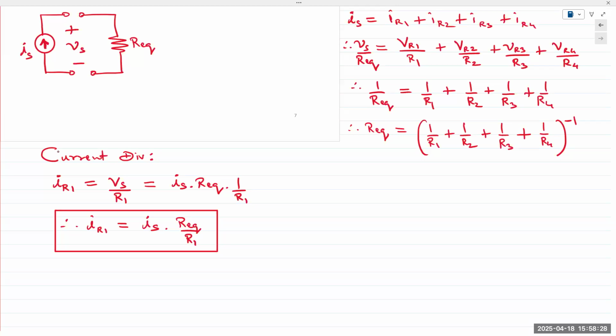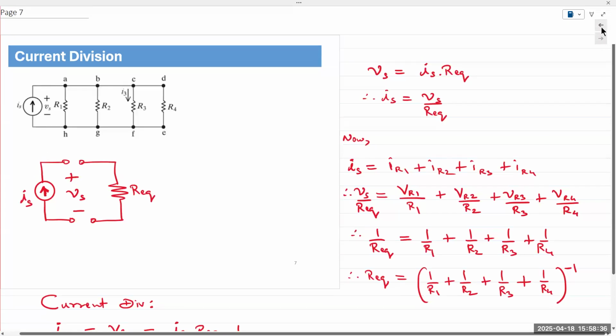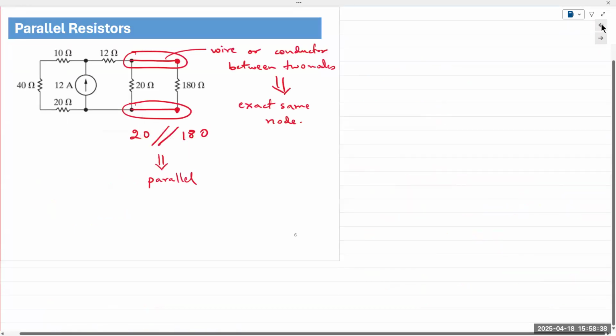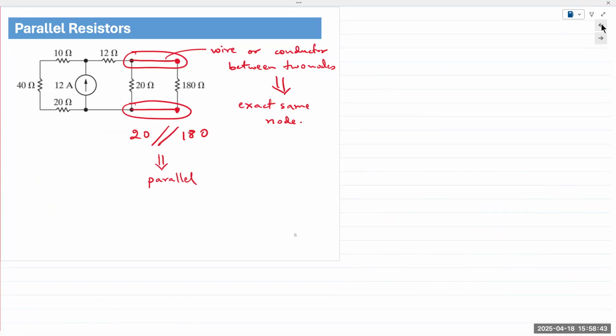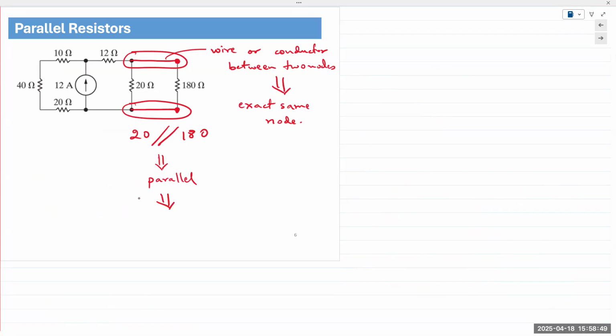So right here, we have a parallel connection of 20 and 180. So the REQ of these two together will be less than 180.